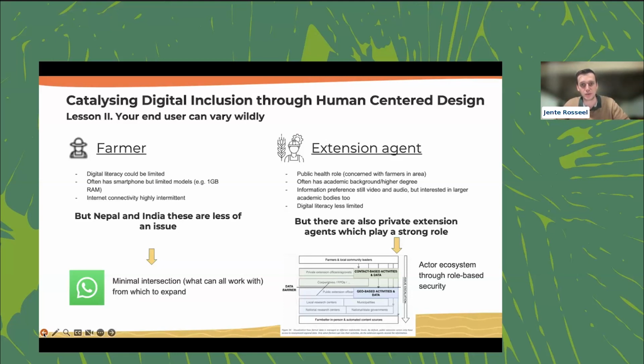In this case, we went with a role-based approach where cooperatives and private extension agents have private pools of data, whereas public extension agents have anonymized pools of data, but can still broadcast certain activities, such as farmer field schools they're organizing, to the general public. So those are different lessons we learned by being in the field.